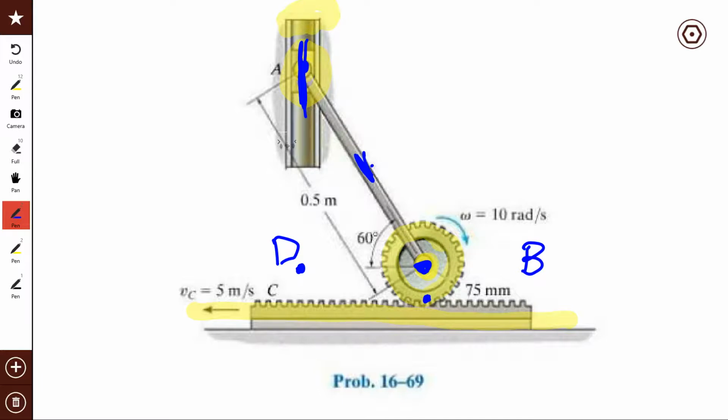Okay, so how are you going to do with special points? Y'all figure them out. I'm going to give you a minute. You're going to tell me what the special points are.